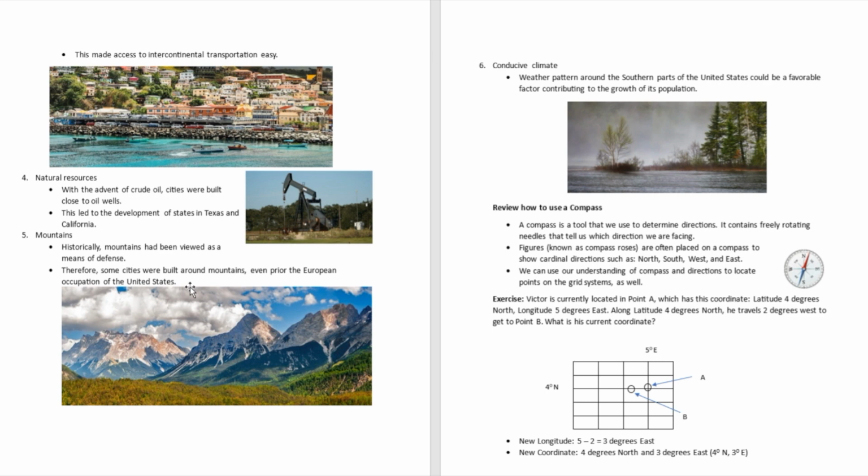So they would build cities around mountains with the expectation that the mountains will provide some kind of defense in case of an intrusion. That's one critical geographical factor as well. Conducive climate: weather patterns around the southern parts of the United States could be a favorable factor contributing to the growth of its population.